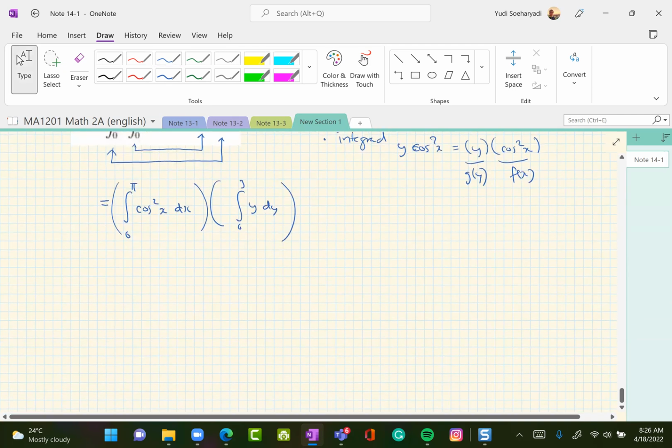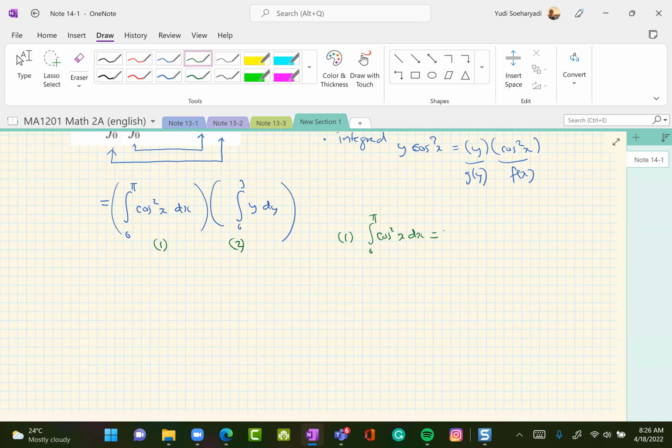Okay, so then let's compute this separately. One is, anyone recall how to compute this one? How to deal with that square? Anyone? To get rid of the square, what would you do?